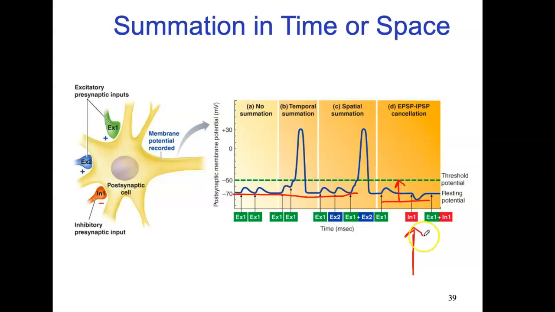Chlorine tends to do that. It's negative. If we bring negative chlorine into the cell, it's going to go from -70 to -75, -80, depending on how much chlorine enters the cell. So that's a good little summarization of what's happening.